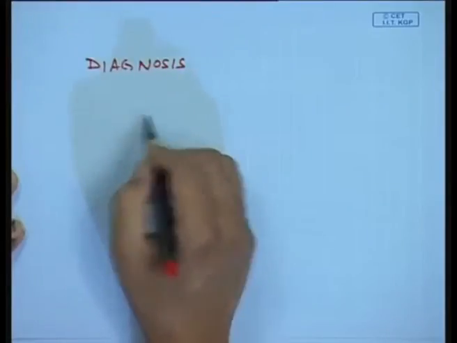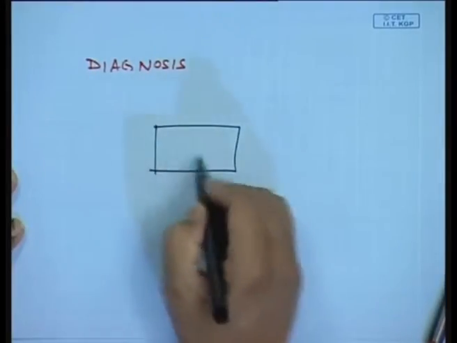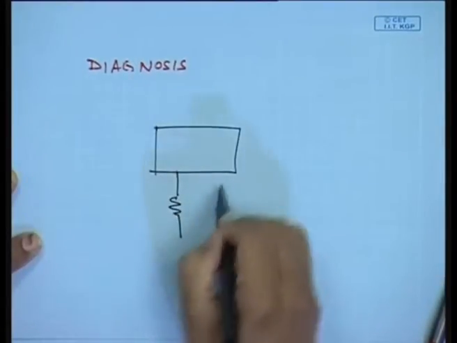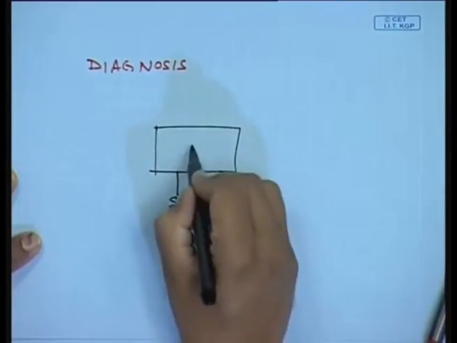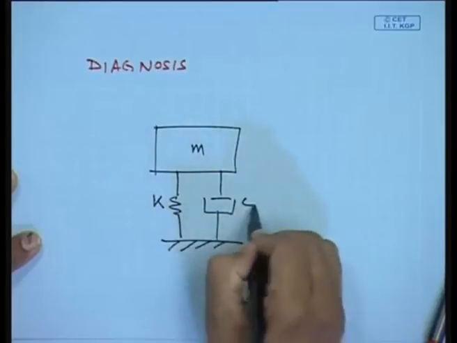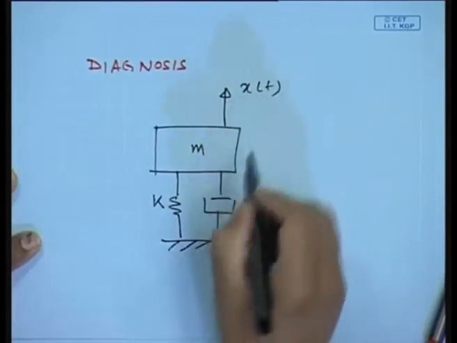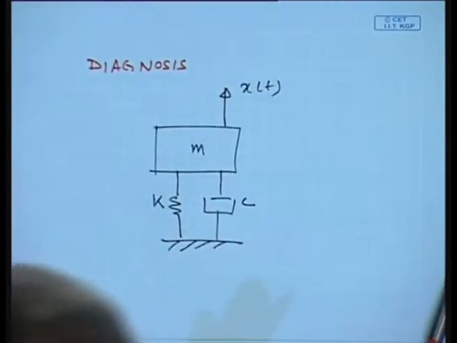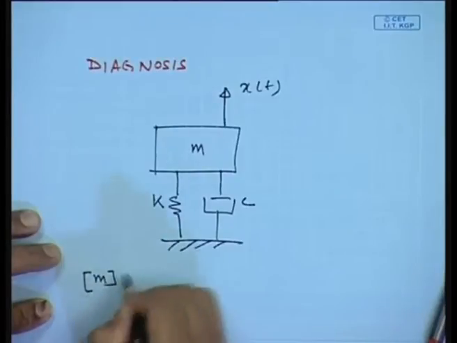I will give you a simple example here. Suppose I have a system, a simple mass spring dashpot system, and I have got a certain response because of a fault in it. So I can write the equation of motion of this system.